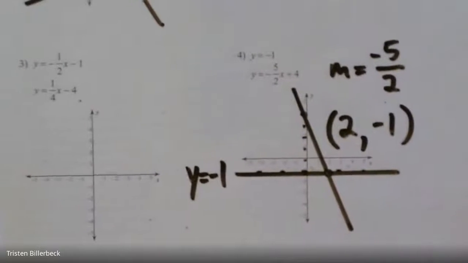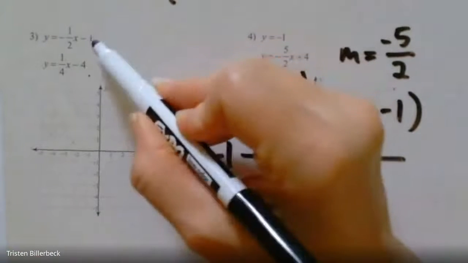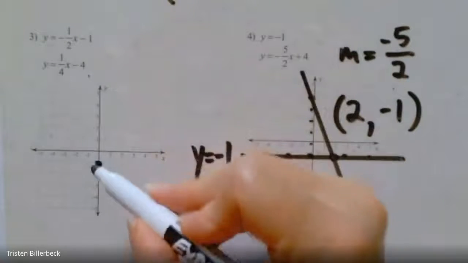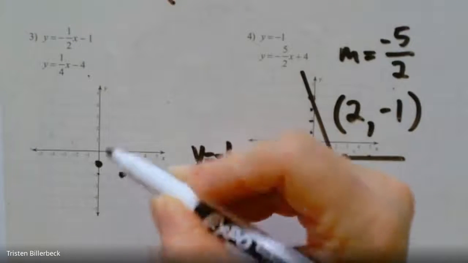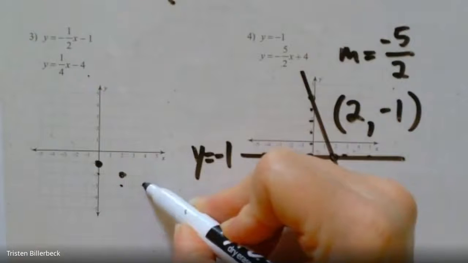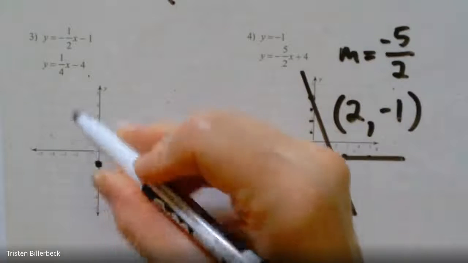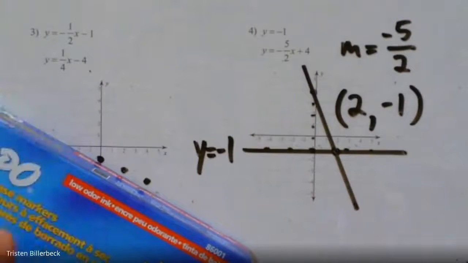Okay, here's the last one from this page. So again, we start with the y-intercept, -1. We rise -1, which is dropping down, go +2. And we can keep doing the rise -1 and get a few more points if we'd like. Then we can just draw the line.